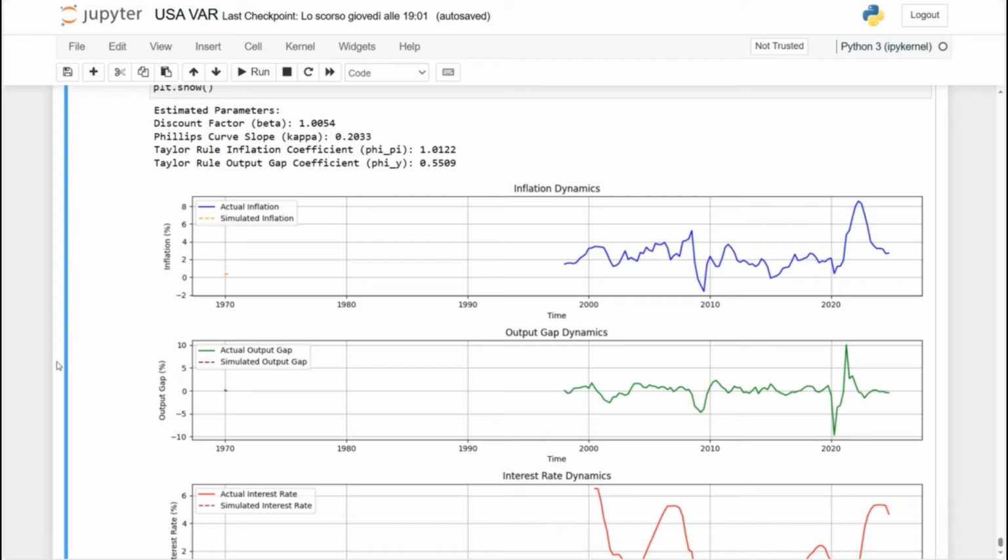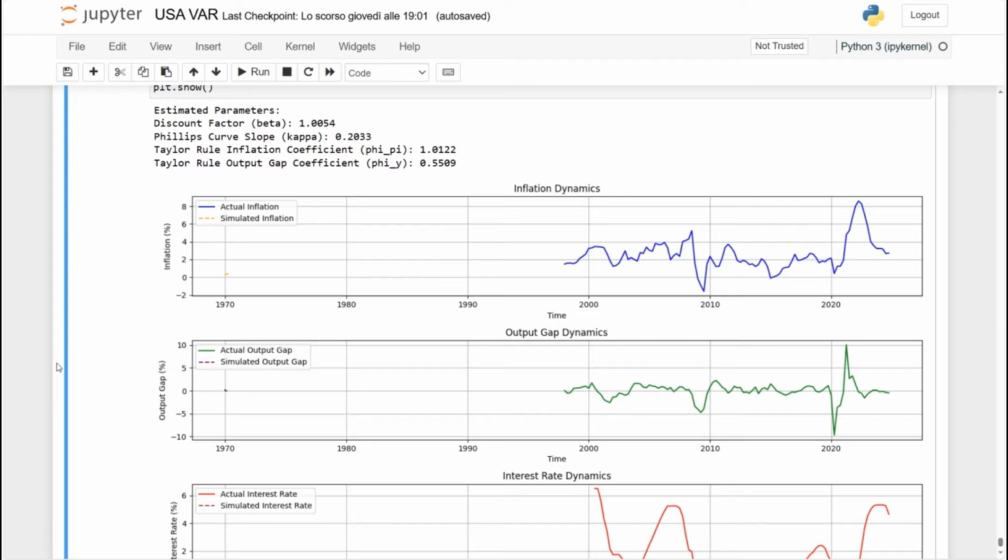Then when you have an inflation gap, what happens? By the Taylor rule, the federal funds rate works 1-to-1. So every time the Federal Reserve has seen an inflation gap in the economy, it has jacked up the federal funds rate by 1.01%. So if you have an inflation gap that is higher by 1 unit, then the response, according to the Taylor rule measure of the federal funds rate, has been 1%.